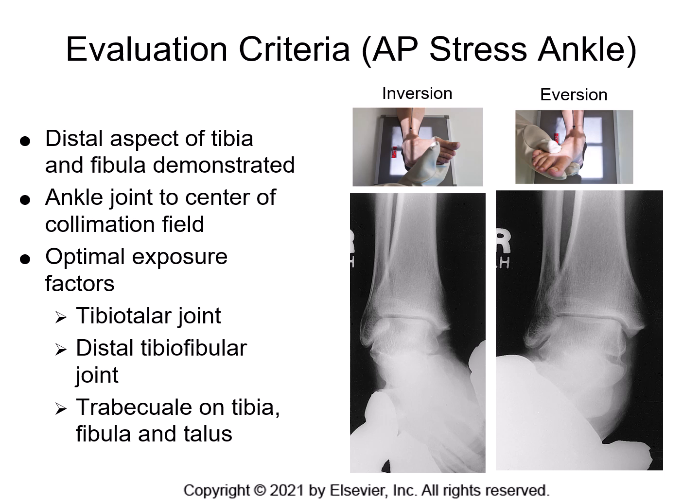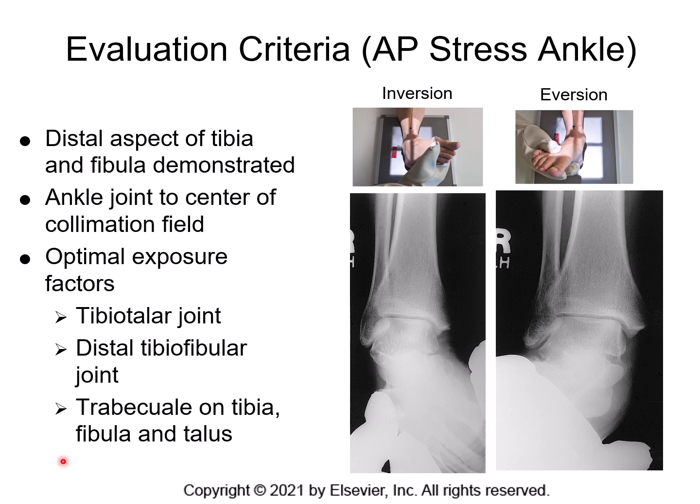So that's a way of being able to look at the images by themselves and identify whether you're looking at an inversion or an eversion stress ankle view, which you'll need to be able to do. And then you see the big white blobs here are the leaded glove of the person's hand that is holding that ankle in that stress view.